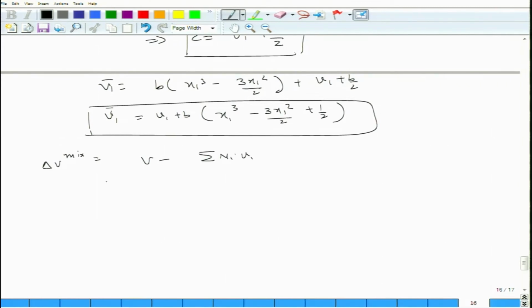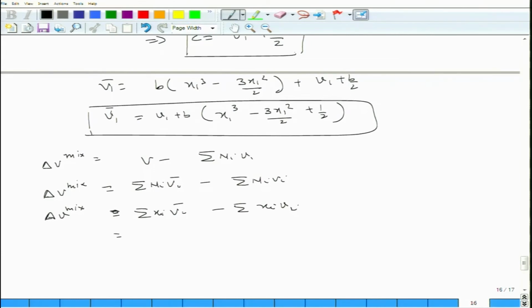If I divide by total moles, first let me write V as simply summation Ni Vi bar, which we know, minus summation Ni Vi. Now I am interested in dividing it by the total moles, making this a small v, so this is going to be xi Vi bar and this is going to be xi Vi.